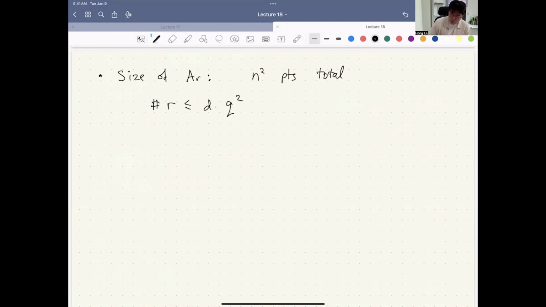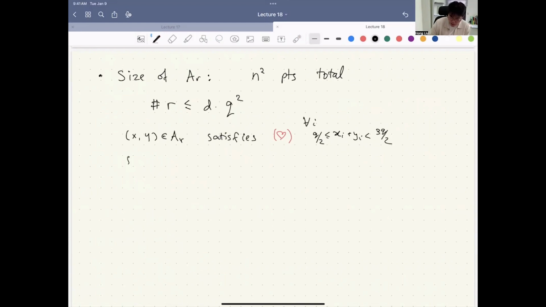Now remember, when x, y is a chosen point in AR, it satisfies this inequality: for every i, xi plus yi is between q over 2 and 3q over 2, right?